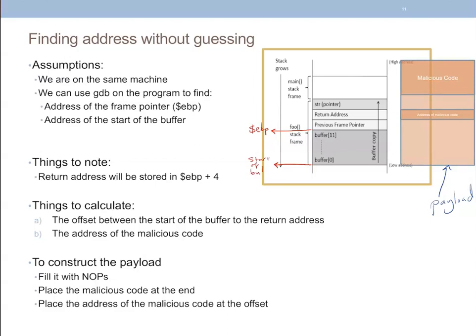The buffer is where we are injecting, right? When the program is asking for input and doing our strcpy, we're copying from some location into this destination. So our strcpy is copying from here into the buffer, starting at this location.